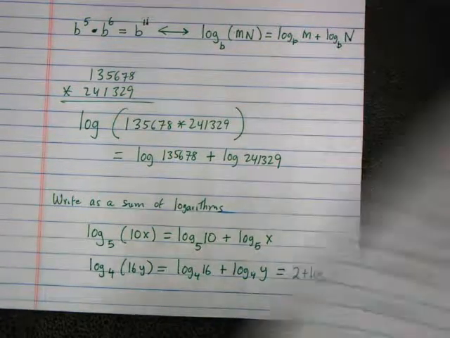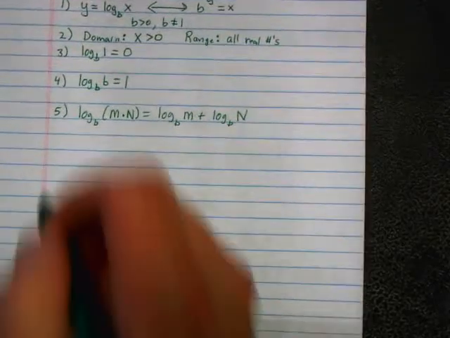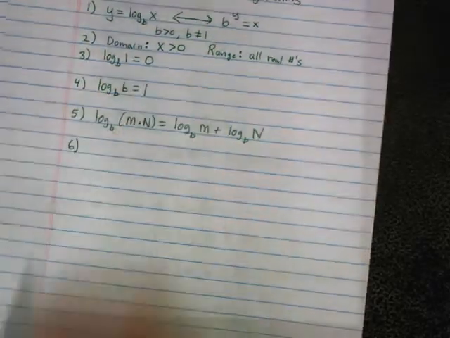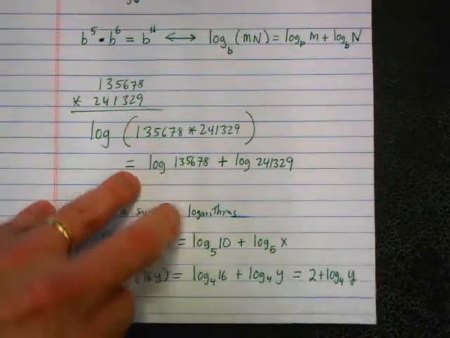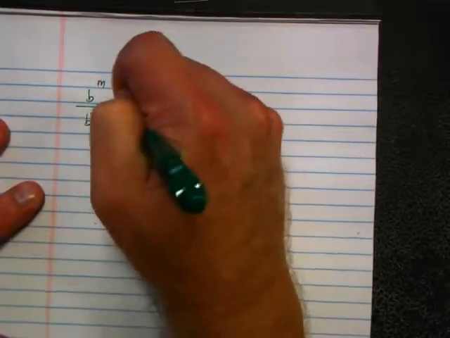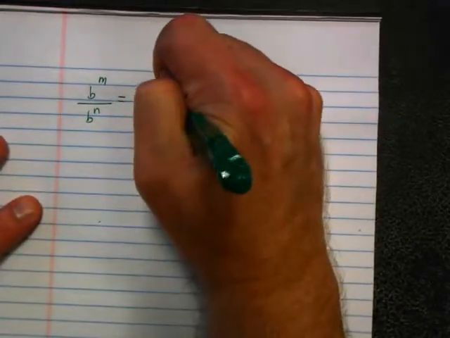All right, the next rule. Number 6. We're up to 6 already. Back when we were dealing with exponents, what was our rule when we were dividing? Subtract. Top minus bottom.